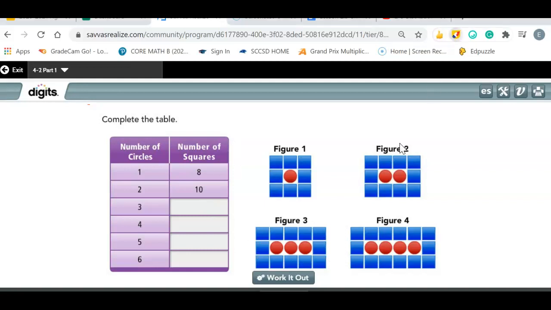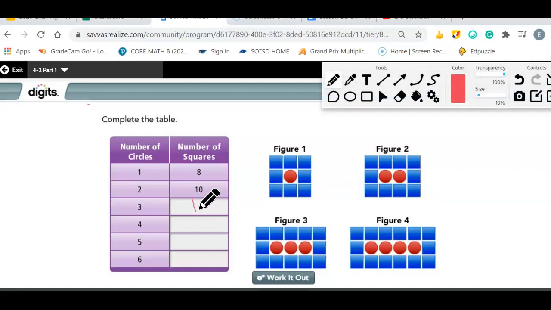We have 12. 4, we have 14, 16, 18. Our pattern here is that we are adding 2 each time that we add a circle.